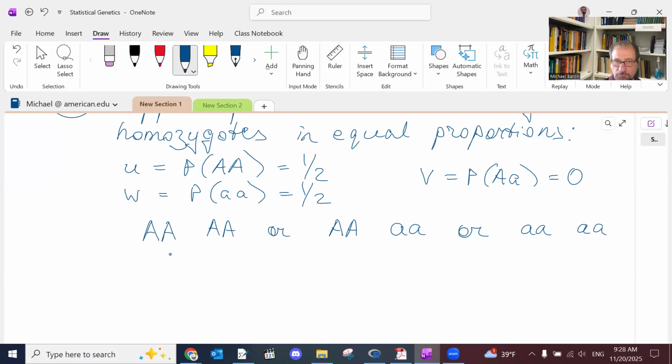Right? These children will be AA. These children will be dominant, heterozygote, or recessive with probabilities 1/4, 1/2, 1/4. And these children will always be recessive.